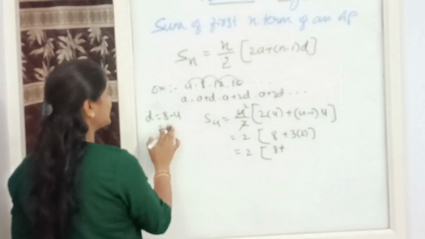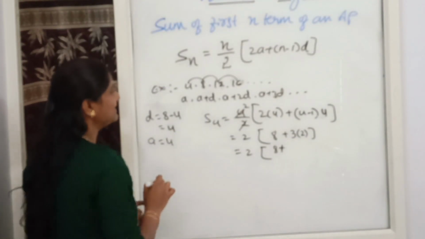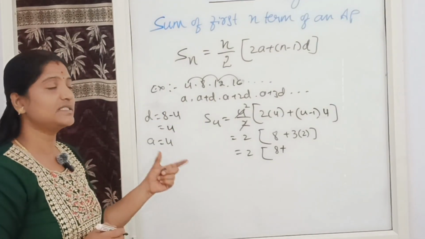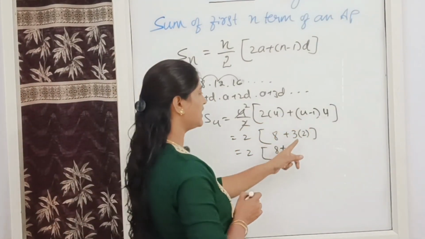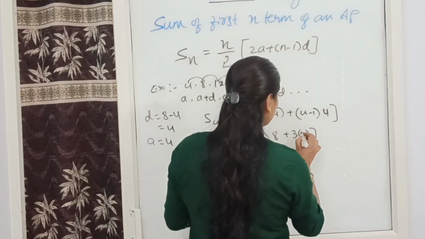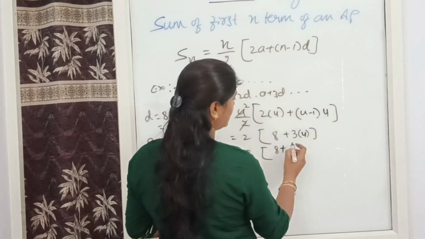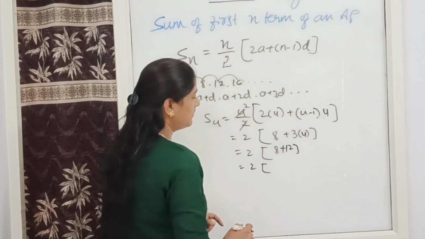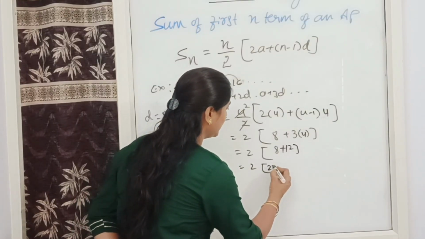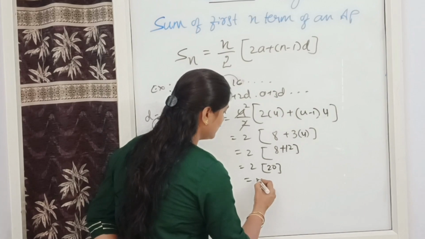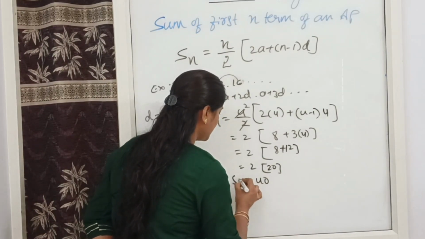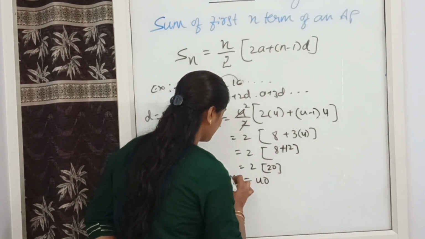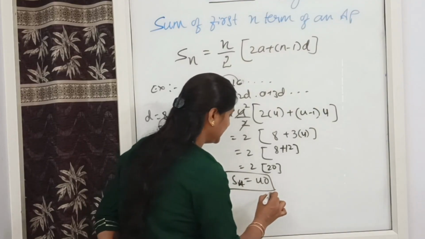What I wrote, 8 minus 4 is 4. It is a 4 table, so common difference is also 4. 2 into 8 plus 4 minus 1 is 3 and common difference 4; 4 3s are 12. 2 into 8 plus 12 is 20, 2 twenties are 40. So the summation of the first 4 terms we are getting is 40.